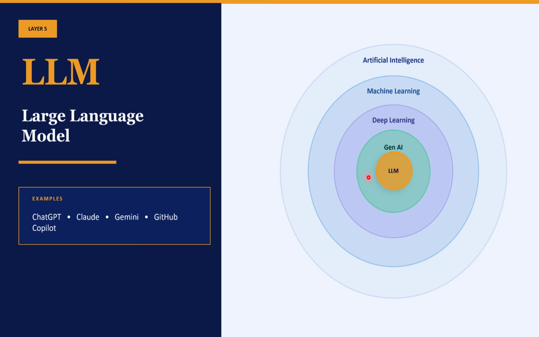That's why they can understand context, intent, and even the way we communicate. Tools like ChatGPT, Claude, Google Gemini, GitHub Copilot, all are examples of LLMs. And this is the technology that is going to transform how you work as a tester.